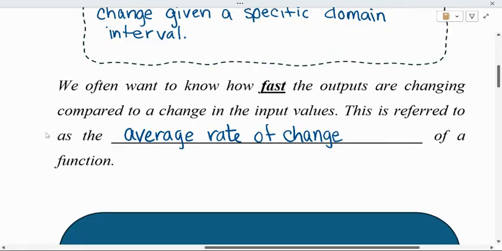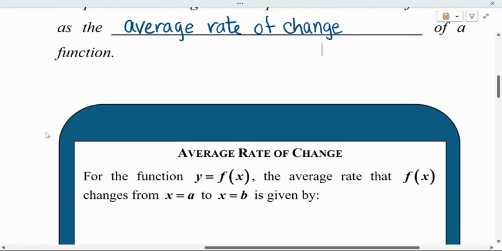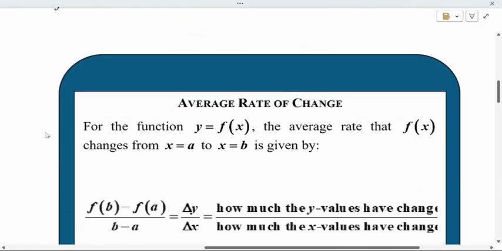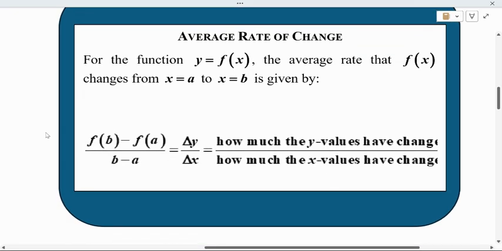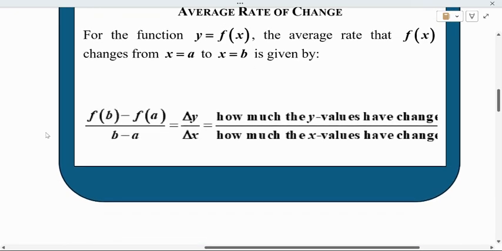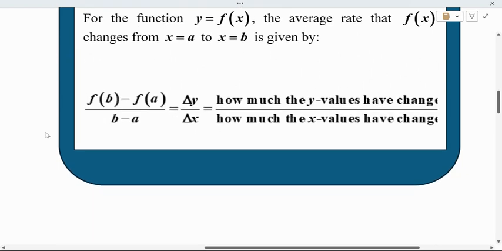Okay, so this is how you calculate the average rate of change. It says for the function y equals f of x, the average rate of change as f of x changes from when x equals a to when x equals b is given by this formula. I know that this looks a little bit scary.